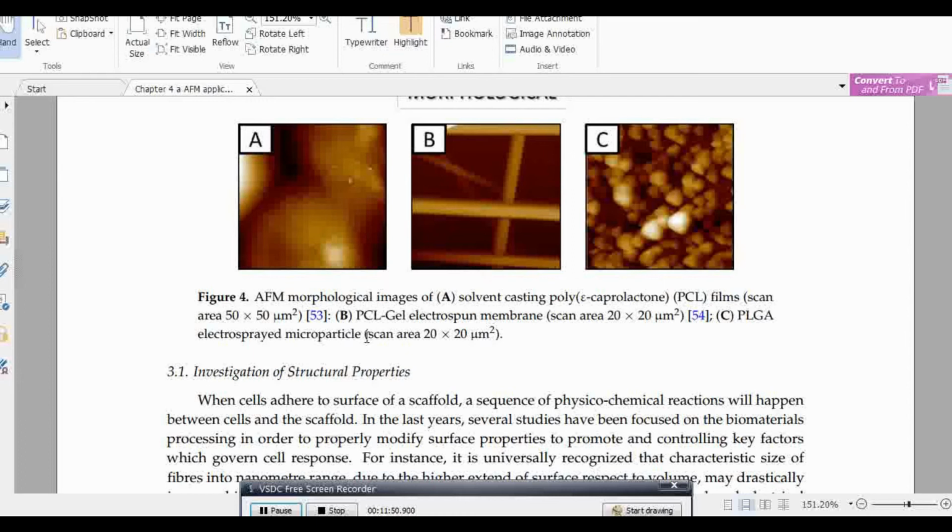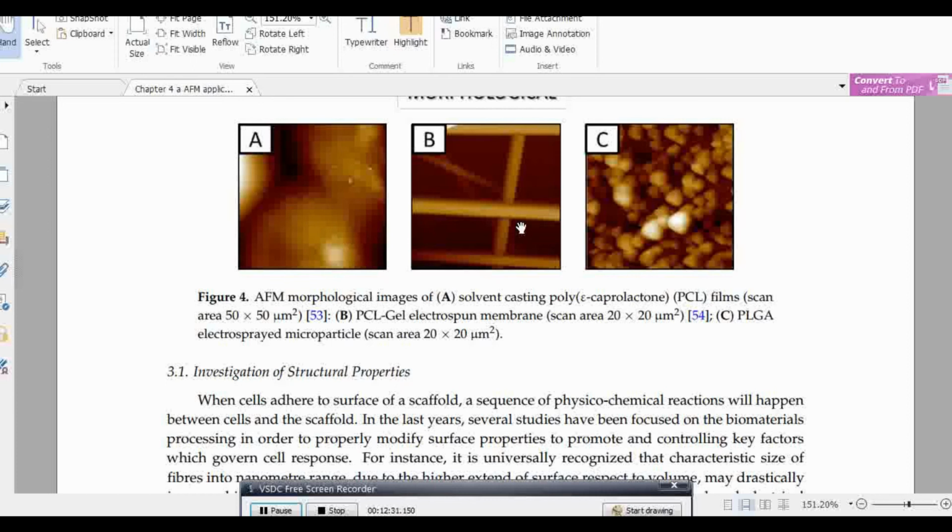This is the type of study they do for structural properties, to study the material properties. For example, if you're building a scaffold for human tissue replacement in tissue engineering, you can use this system to identify the scaffold orientation, what we call porosity, and scaffold surface properties, whether it is suitable for cell seeding so that the cells will grow into the scaffold.